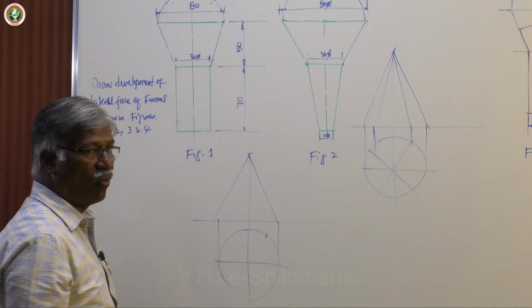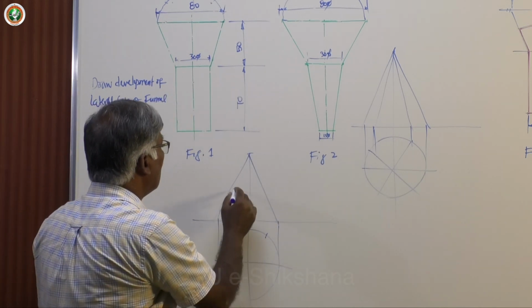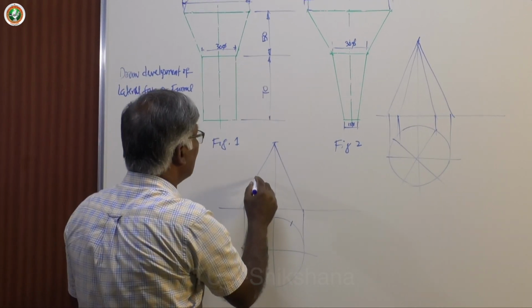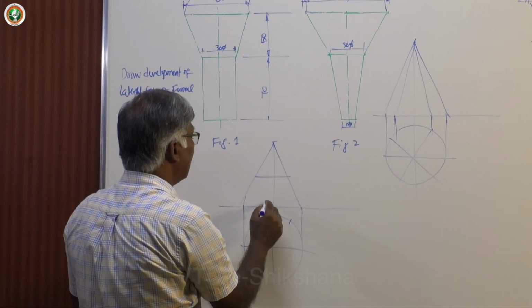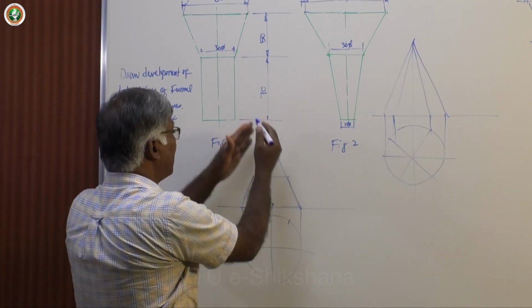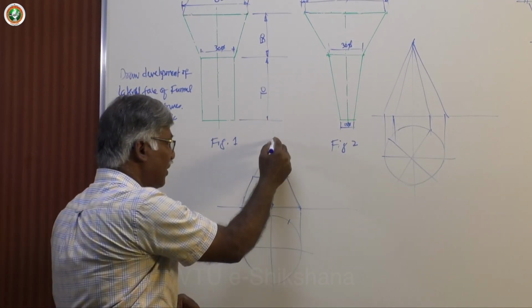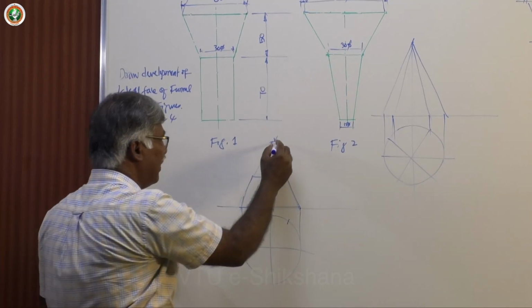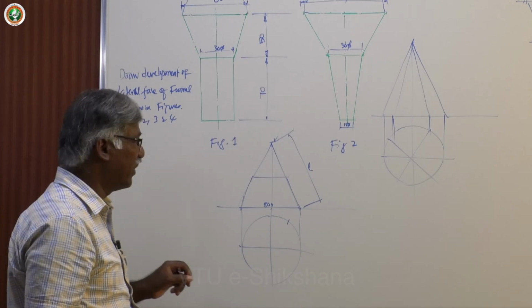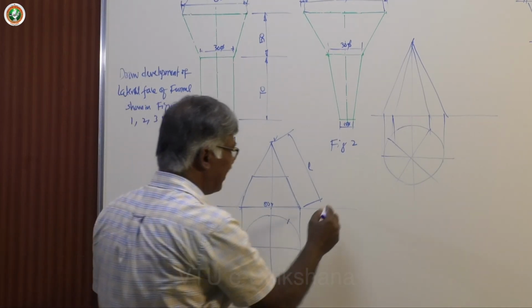This is frustum of cone. Assume that I have taken 80 and 30. This is 80 and 30, then projected up and got V. Now the value of imaginary generator we have to take and then calculate theta.